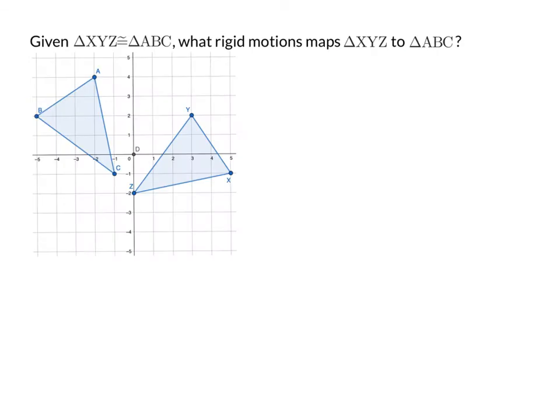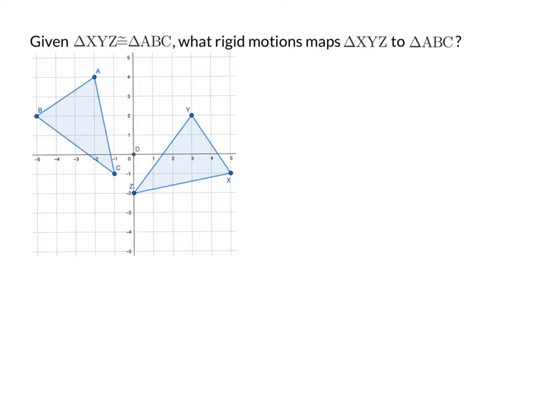In this figure, we have triangle XYZ and triangle ABC. Now, what we want to know is what rigid motions, again, rotations, reflections, or translations, are going to move triangle XYZ onto triangle ABC.